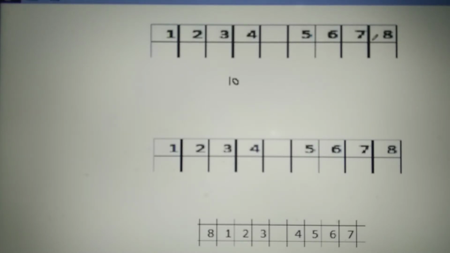Shift one decimal place towards left. As we shift one decimal place towards left, the last digit represents the remainder part and the remaining digits represent the quotient part.